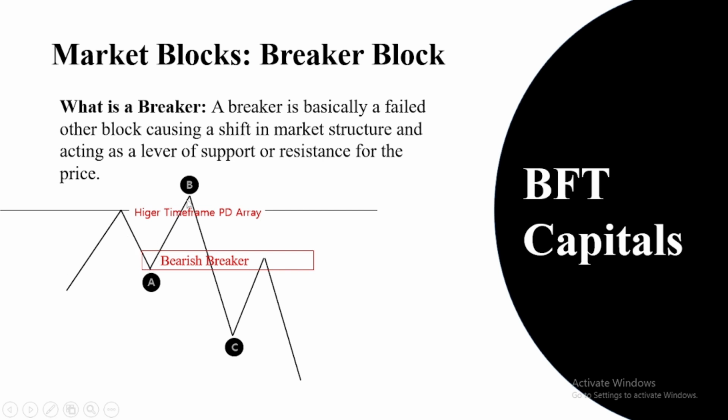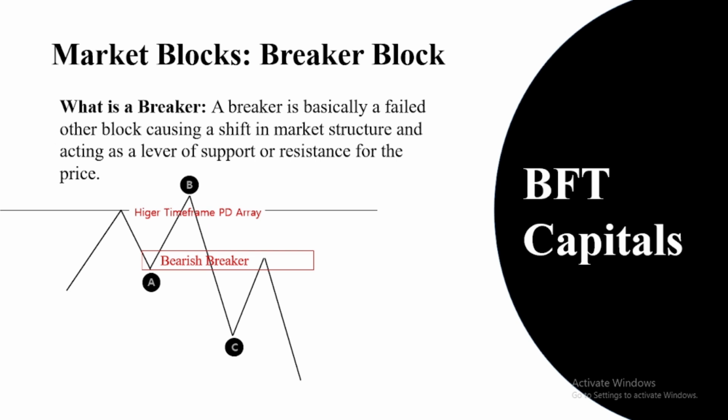Then the second price swing that is going to take the liquidity above this first price swing here, creating a higher high, and then into a higher time frame PDRA, be it fair value gap or another breaker block on a higher time frame, or other block, anything higher time frame PDRA, then breaks lower and break below this other block here that was created, that was supposed to act as a support to market, and then it broke it, making it act as a resistance. Then the price comes back and then respected it.